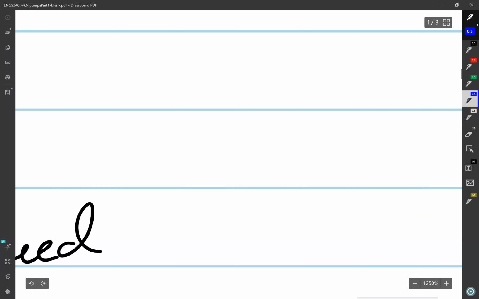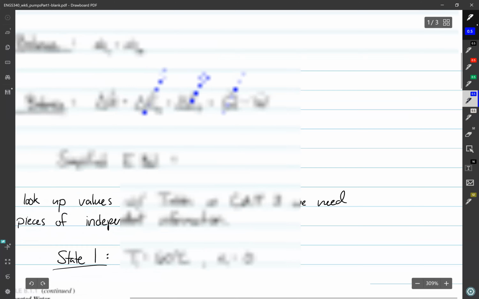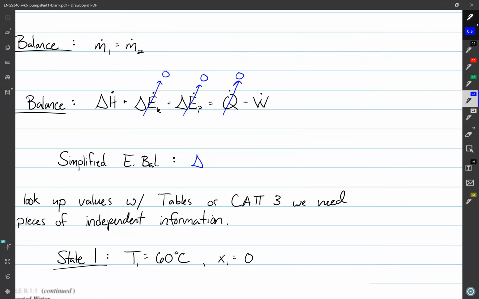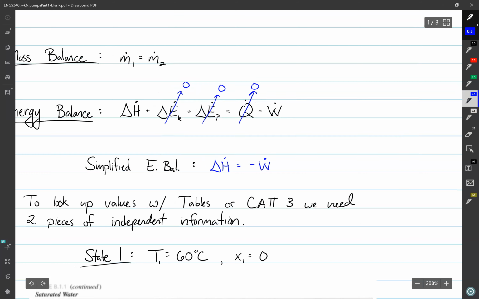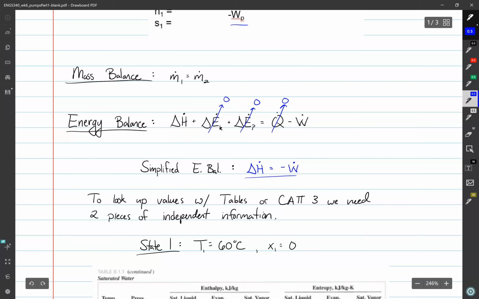So our simplified energy balance is just delta H dot equals minus W dot. And this should be an energy balance that we become fairly familiar with seeing. We're going to use the same energy balance for a pump, for a compressor, and for a turbine.